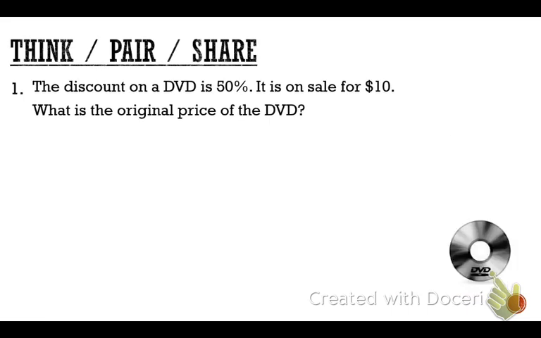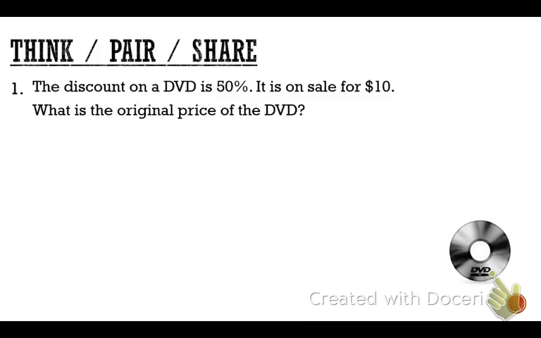Okay, listen, as I walked around, I saw a lot of correct answers. Other people, I want you to really look at this and just try to process in your head before thinking of formulas and how to do things and which order things go into. I want you to think about common sense, okay? So this is what it says. The discount on a DVD is 50%. What do we know about 50%? Half, okay?